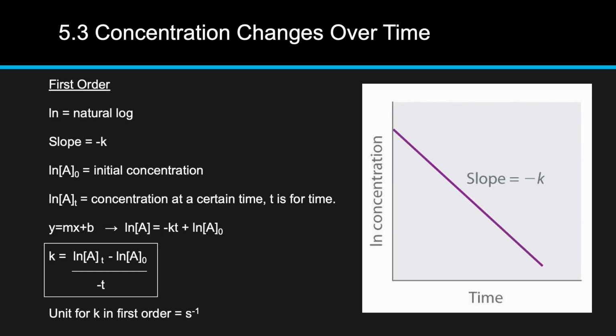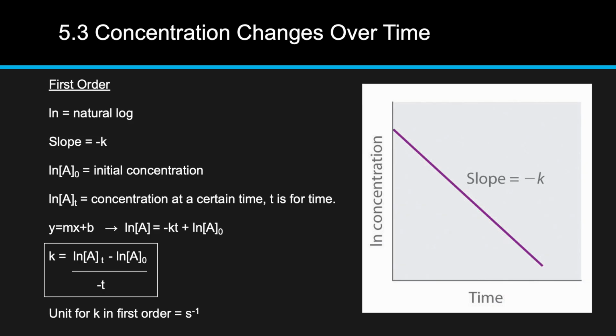In first order reactions, the rate depends directly on the concentration of reactant, so the concentration decreases exponentially over time rather than at a constant rate. Taking the natural log of the concentration is going to make this relationship linear. When we take the natural log of A and plot versus time, the result is going to be a straight line with a slope of negative k.